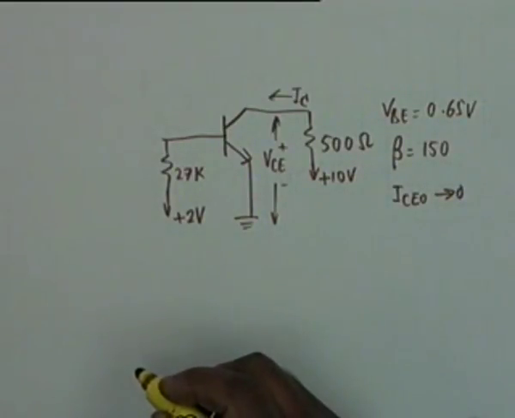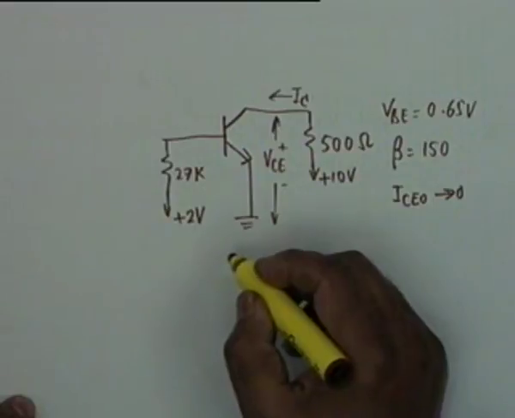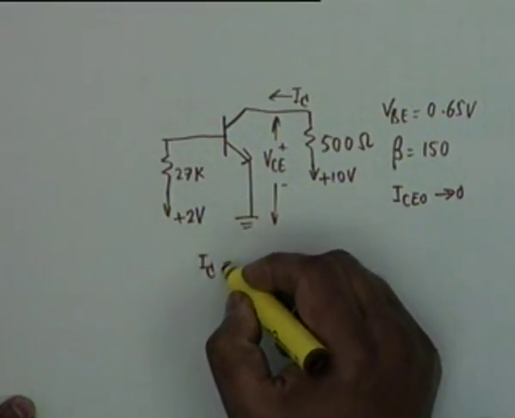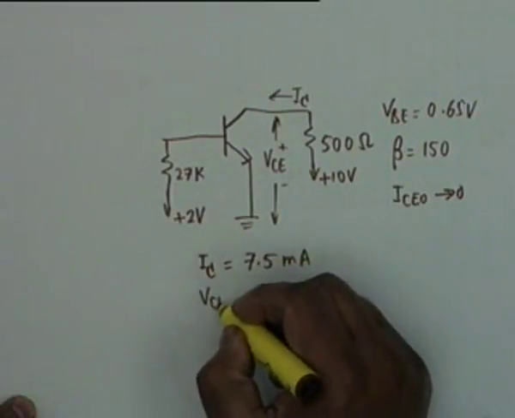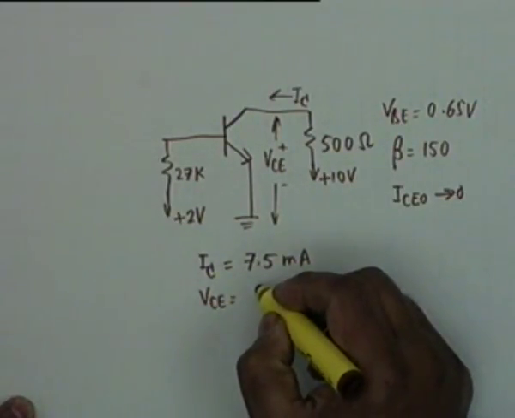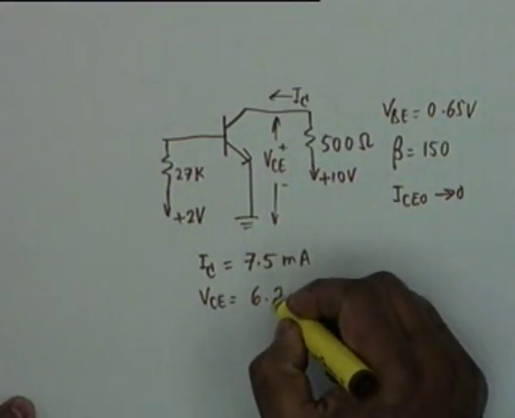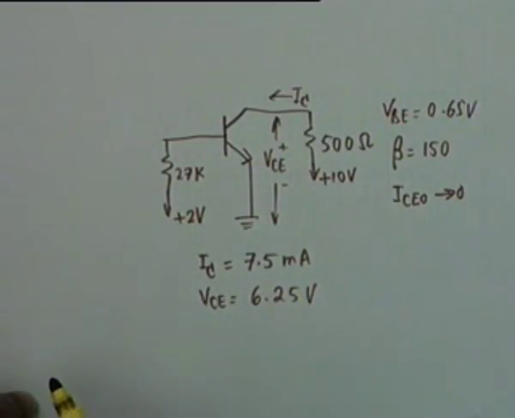These were the given quantities, and we found out that I sub C is equal to 7.5 milliampere and VCE is equal to 6.25 volt. This is what we found.